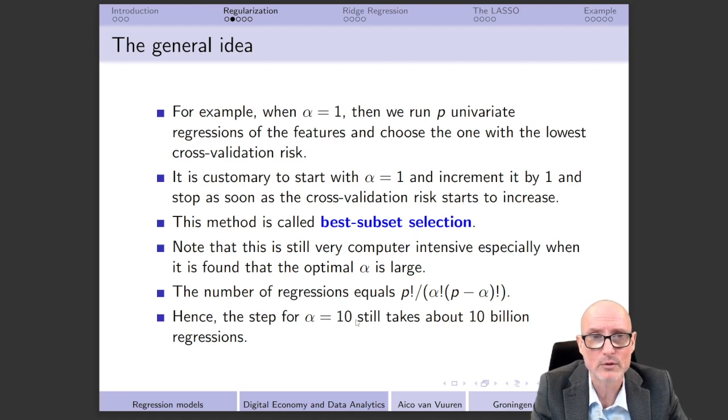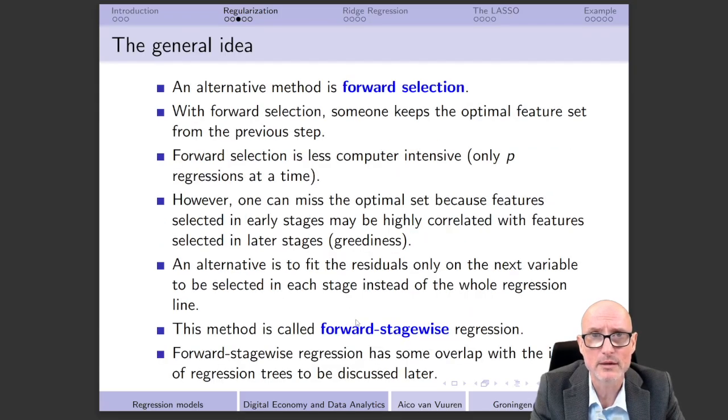So it's a little bit difficult to say how much time we are going to save with this method of best subset selection, but take into account that it can still be very computer intensive. Therefore, other methods have also been developed in order to be even faster.